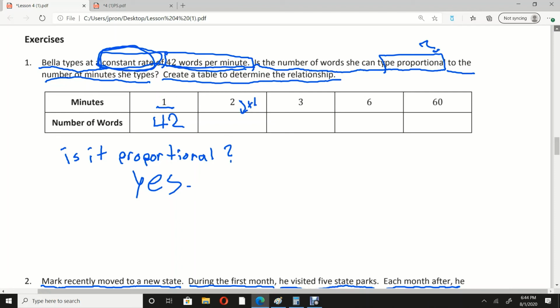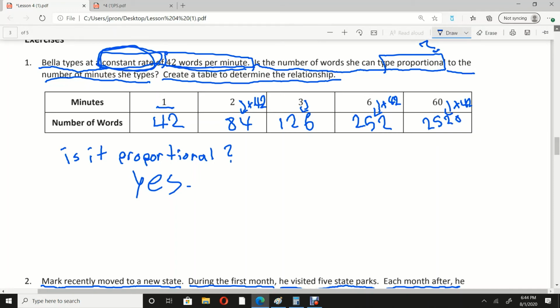So we'll multiply 42 times 2, 84, and then multiply it times 3 to get 126. And that follows from there. We multiply 6 times 42 to get 252. And then 60 times 42 gets me to 2,520 words in 60 minutes.